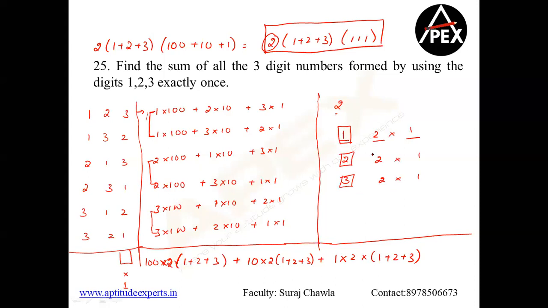So if this is happening, in short, what do I do? I have to add all of them. And remember, for each of the places, the contribution of 1 is going to be 1 into 100. The contribution of 2 here is nothing but 2 into 100. Just check here. 2 into 100 is the contribution. And the contribution of 3 is nothing but further 3 into 100.